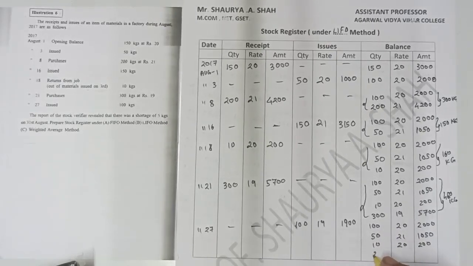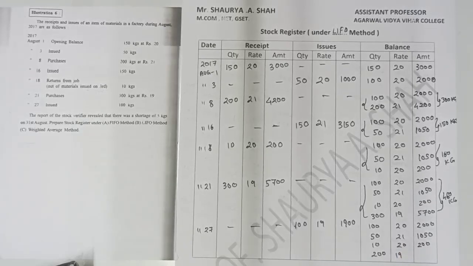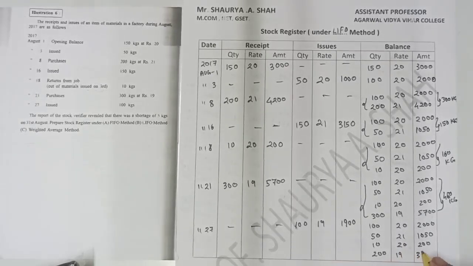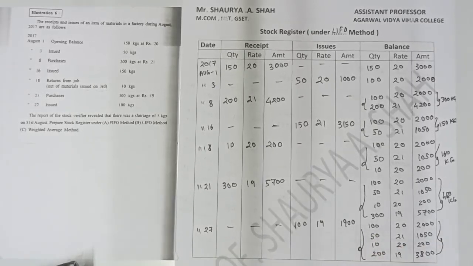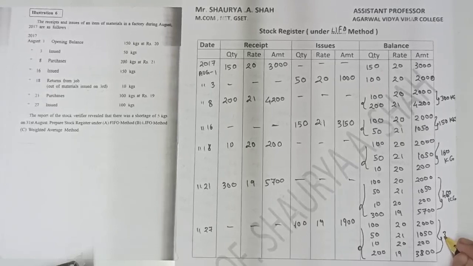So what is left out is 200 into 19, which gives me 3800, right? So the quantity I am left with is 360 kg.